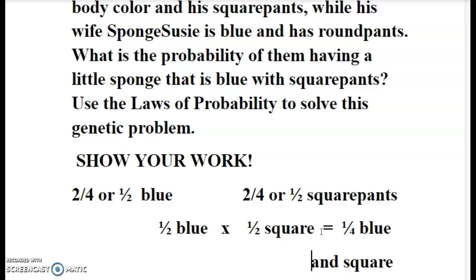So 1 out of 4 chance of being blue and square pants. That's your answer. Make sure you put your answer up in that top right hand corner and submit that.